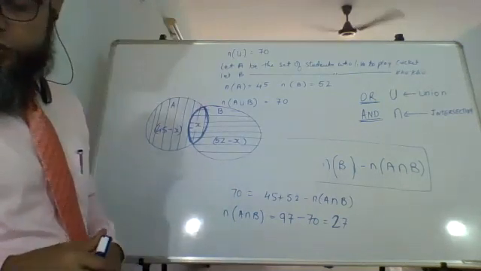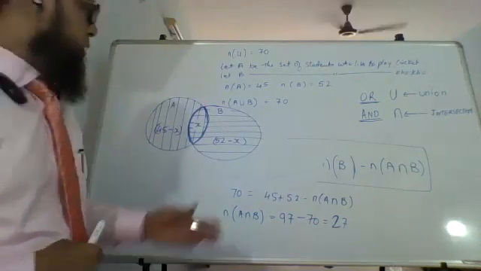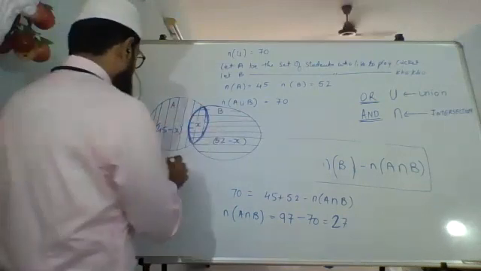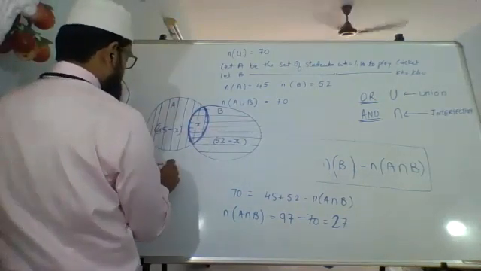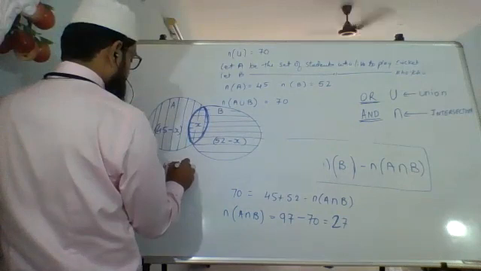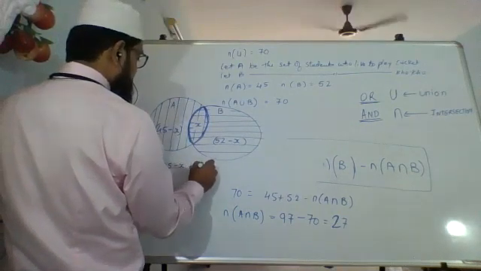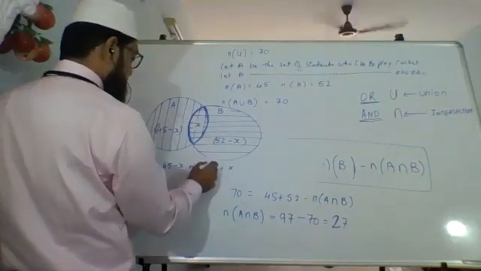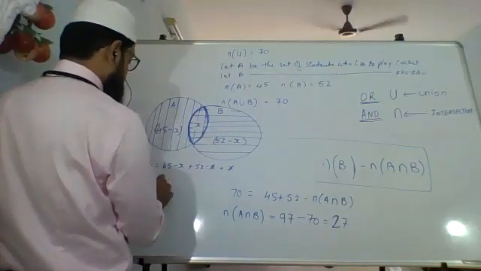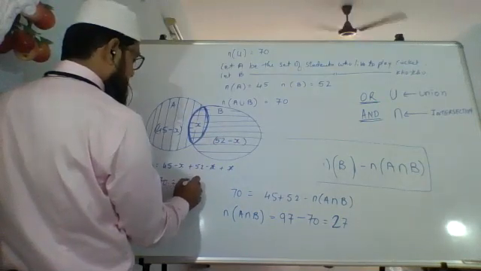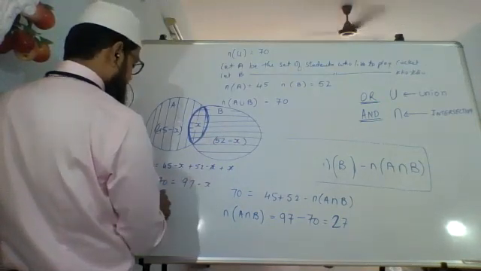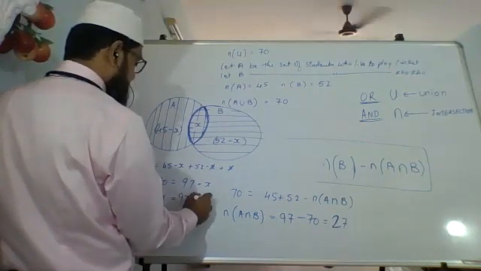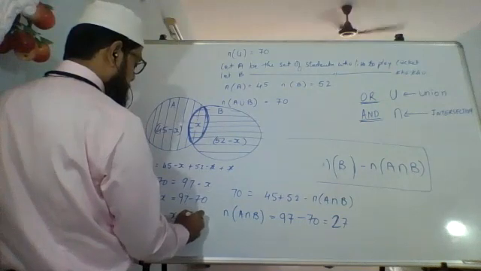Okay. So if you did that, then I could easily find out this total, A union B, is 70. So 70 equals 45 minus X plus 52 minus X plus X. Minus X plus X would cancel. 70 equals 97 minus X. Minus X on this side would become plus X. 97 minus 70, X equals 27.